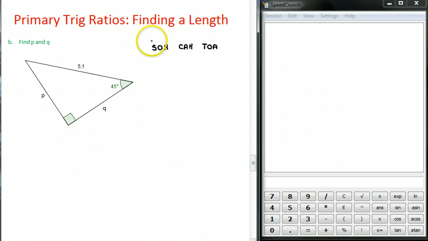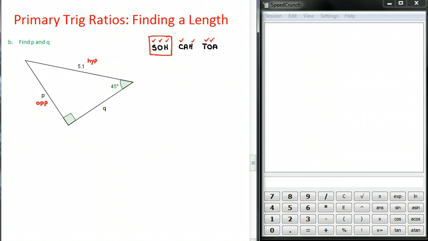So remember we take the sine, cos, or tan of an angle, so I check mark SCT, and relative to 45 degrees, P is the opposite. So I need to have the opposite in whichever primary trig ratio I use. And 5.1 is a hypotenuse, so therefore, perfect, I use sine to solve for P.